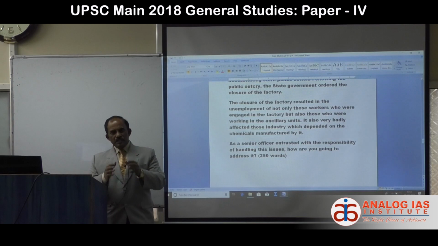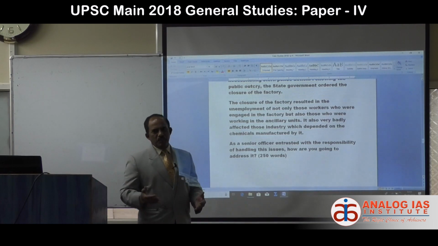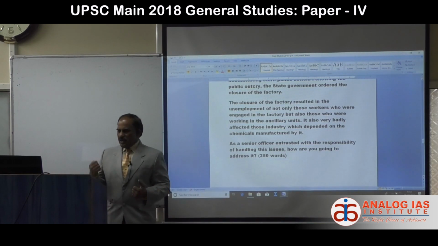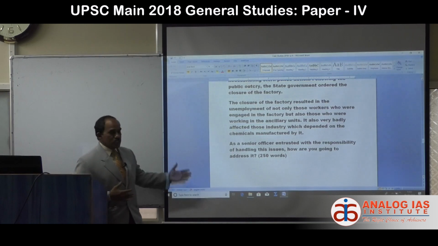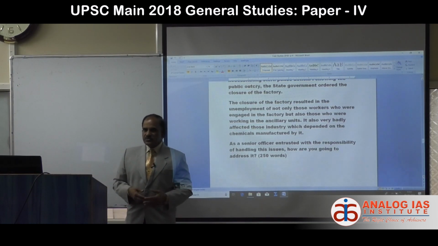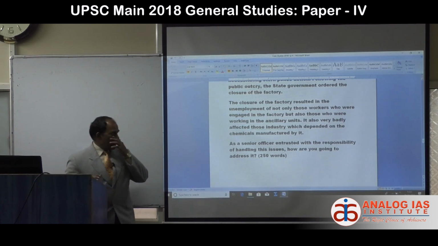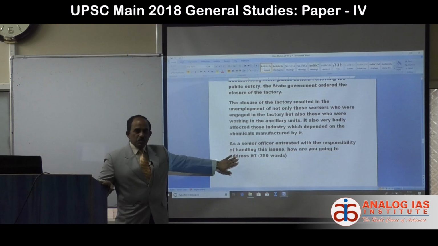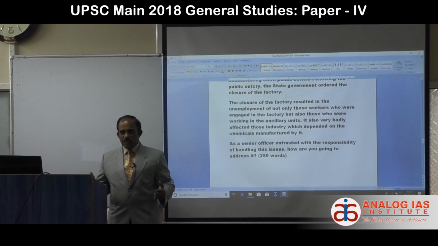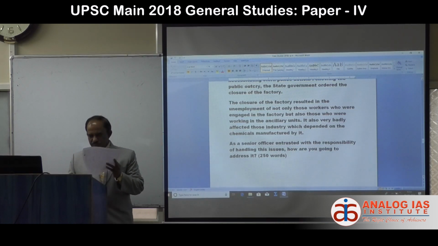So, abruptly closing the factory without giving notice to the company to rectify its mistakes is not a fair idea. As a consultant and as a responsible officer, you can recommend a gradual way, and that will definitely ease the issue. The people may not be replaced immediately, and gradually the company can be shifted, or maybe some precautions can be taken.